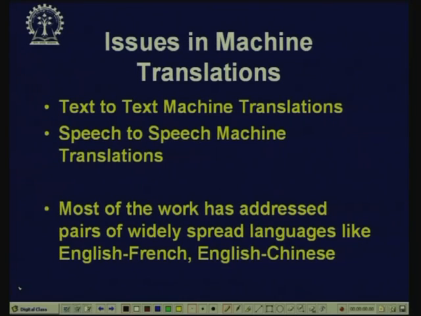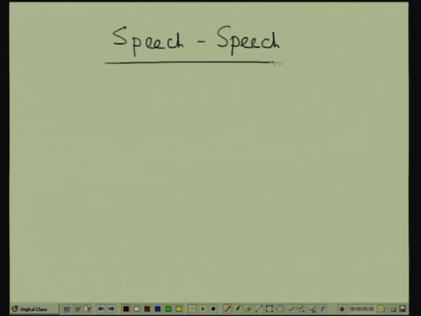Say, I say speech to speech, that is the ideal, but we are still quite far from reaching the desired goal here.